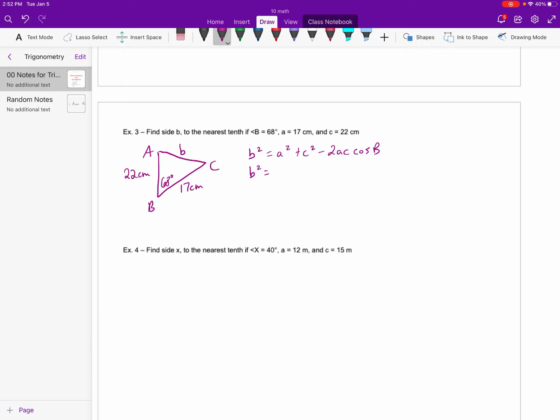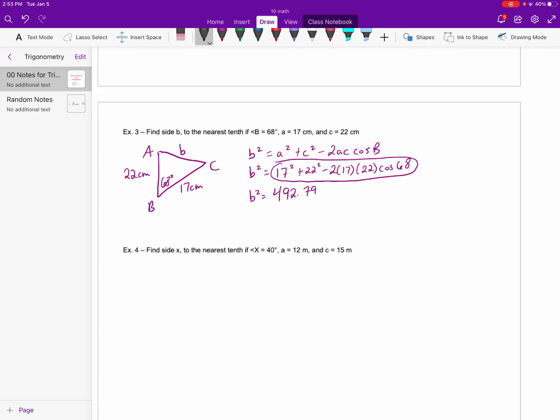So b squared equals a, which is 17 squared, plus 22 squared minus 2 times a, 17, times c, 22, and cos capital B, 68 degrees. My instructions earlier were to type this whole thing into your calculator. And if you type that whole thing in, you get 492.79.